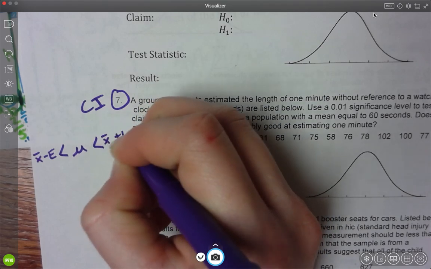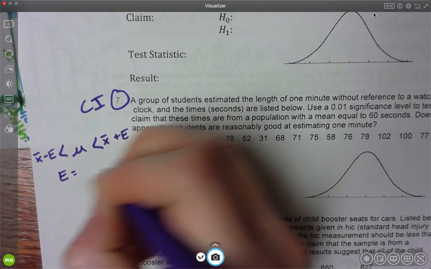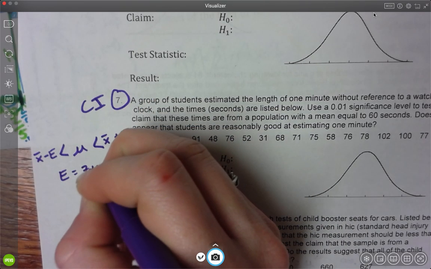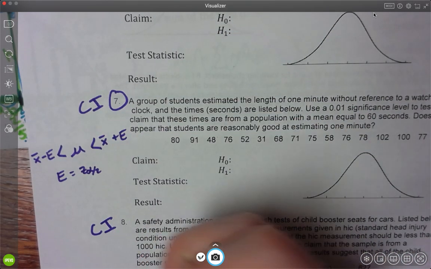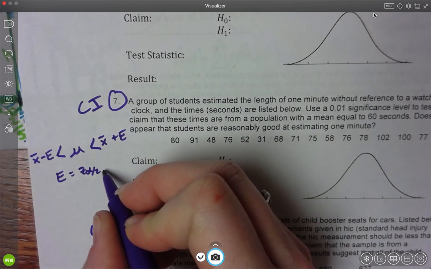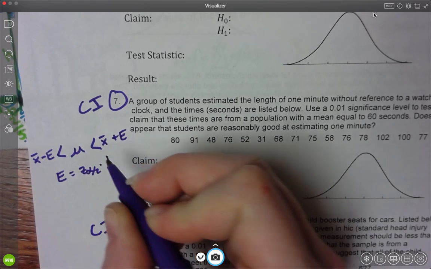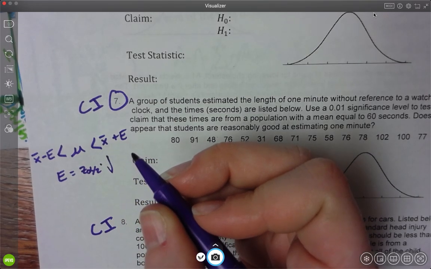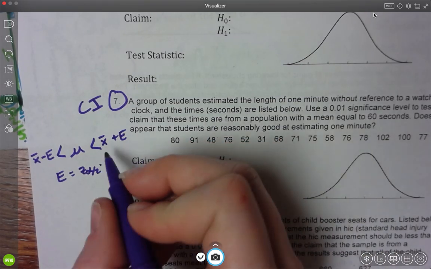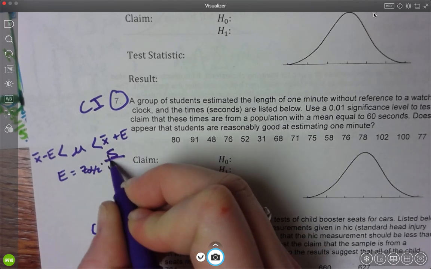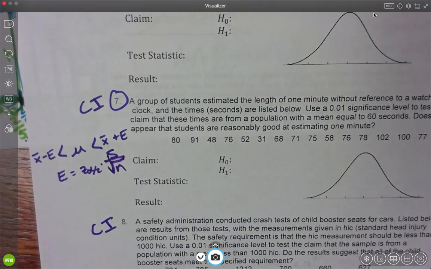And the error is calculated by the z of alpha over 2. And I think we always use z. We never use t for confidence interval. Z of alpha over 2 times s over the square root of n. Okay, so that's what we need.